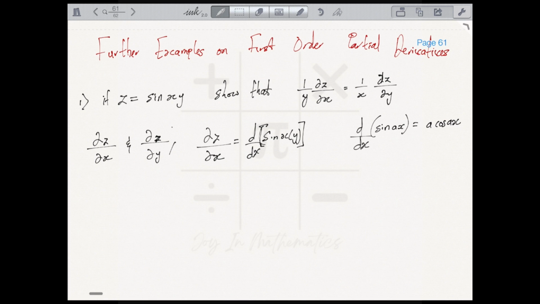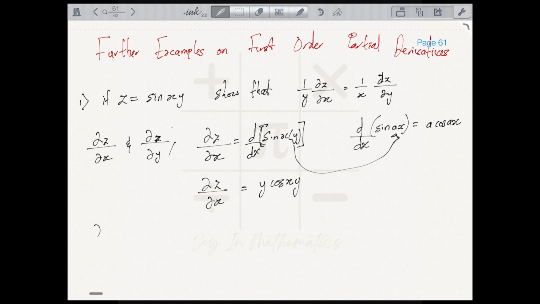And now our a in this case is similar to y because a is kept constant, right? So our answer of the partial derivative with respect to x will be equal to y cos xy.